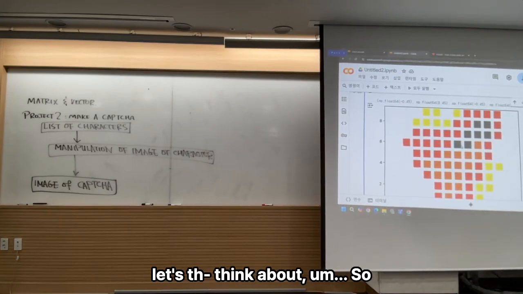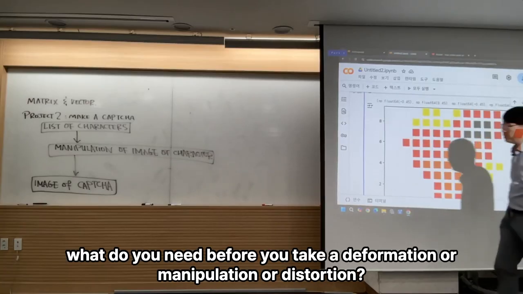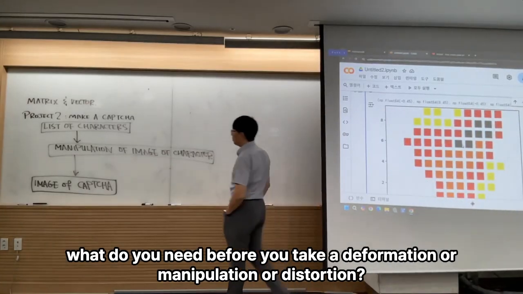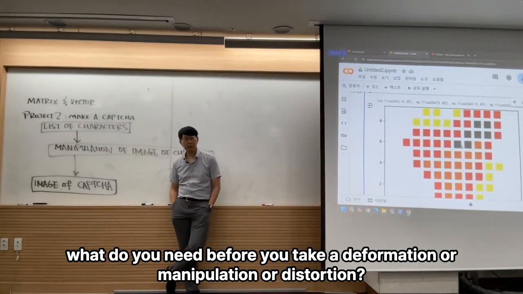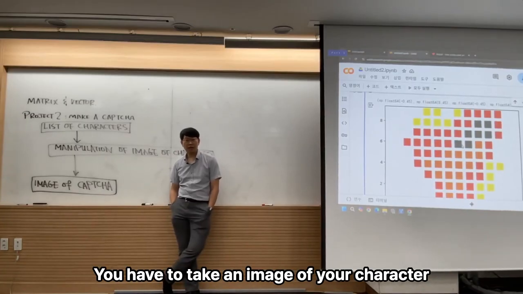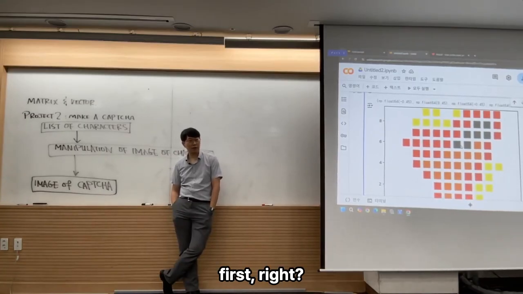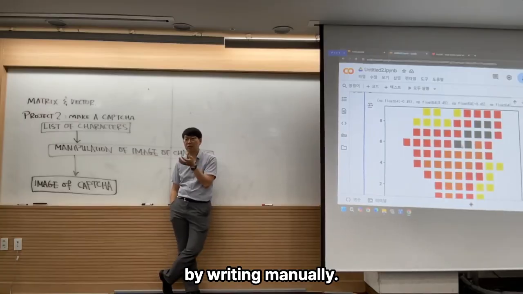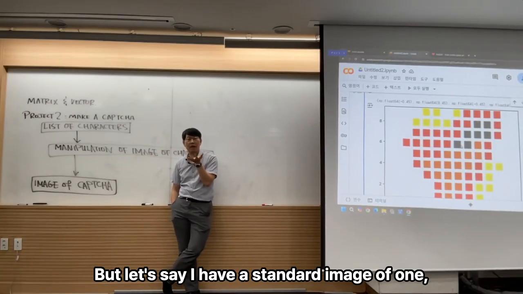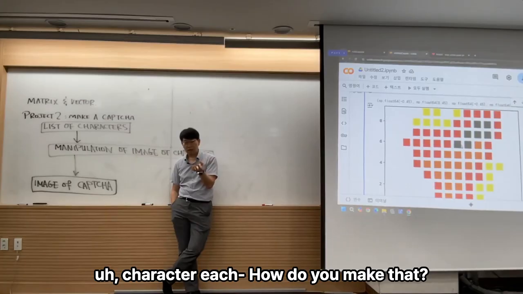So let's think about it. What do you need before you take a deformation or manipulation or distortion? You have to take an image of your character first, right? Well, you can have an image of a character by writing manually, but let's say I have a standard image of one character each.